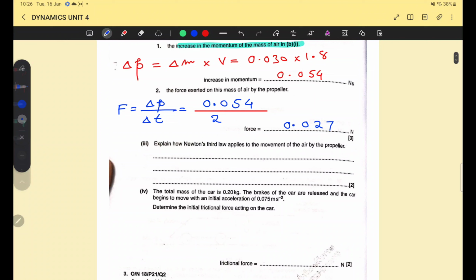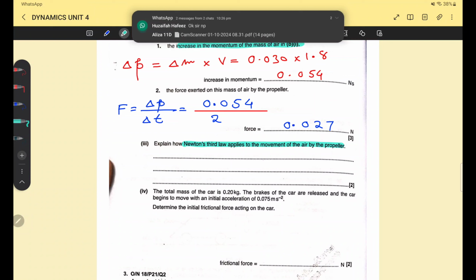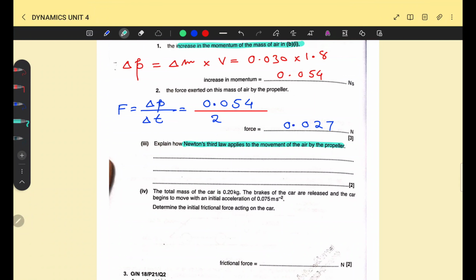And now they are asking how Newton's third law of motion is acting when right now the toy car is stopped by brakes, and as you release the brake, then obviously the car moves forward. Why does the car move forward?